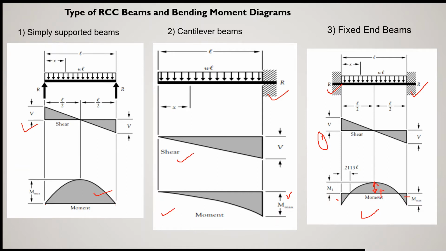If the bending moment is positive at the middle, the beam will be bending downward, so tension will be at the bottom. At the middle portion tension will be at the bottom, but at the end support tension may be upward. So the reinforcement pattern, the installation of reinforcement, will totally change.